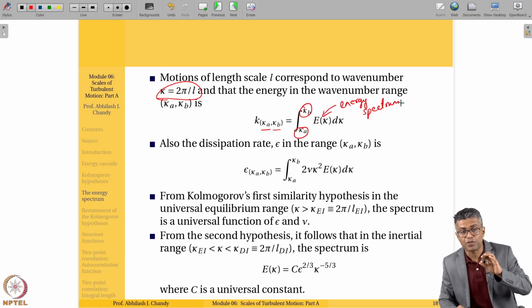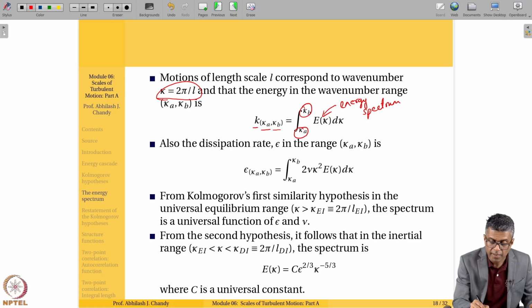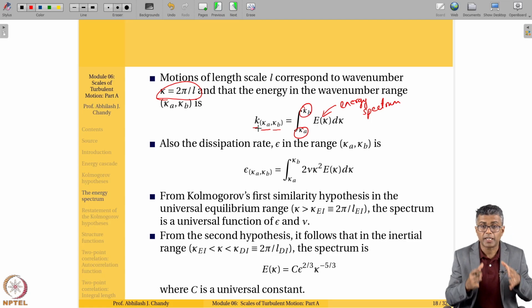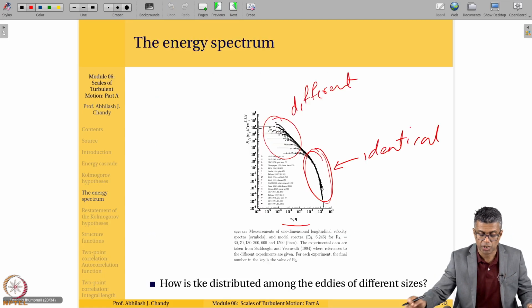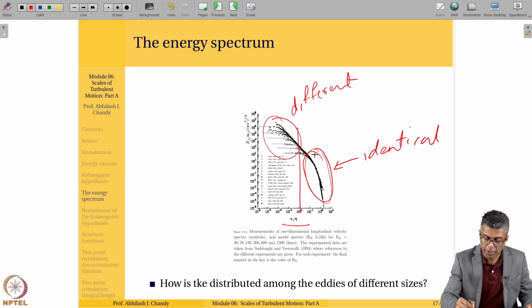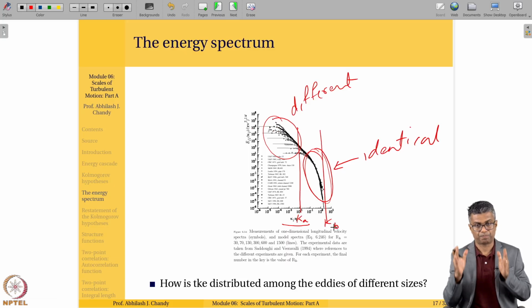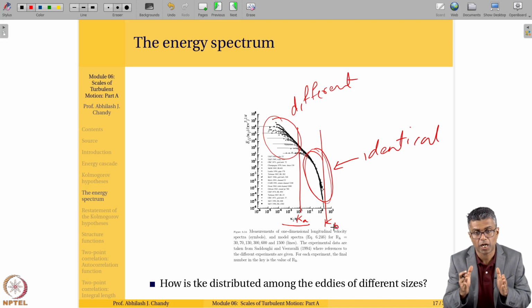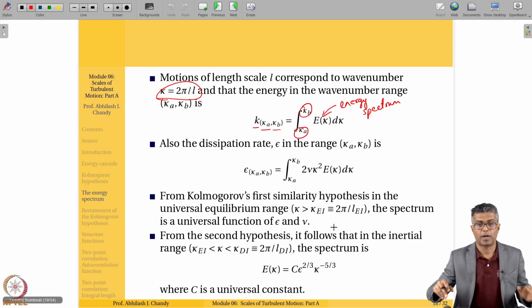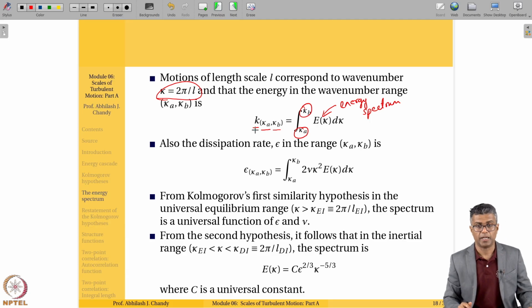The symbol that I have used on the slide is kappa, though I am just referring to it as K. But this K, turbulent kinetic energy, within the range kappa_a to kappa_b, is what you get when you integrate the energy spectrum function from kappa_a to kappa_b.